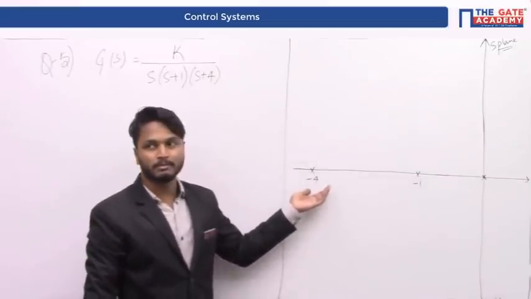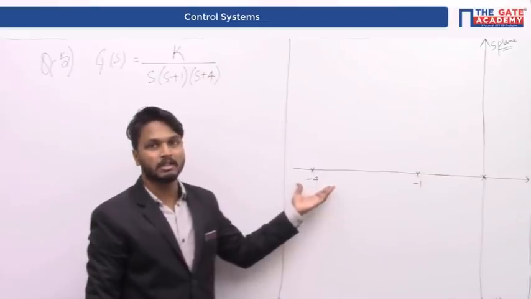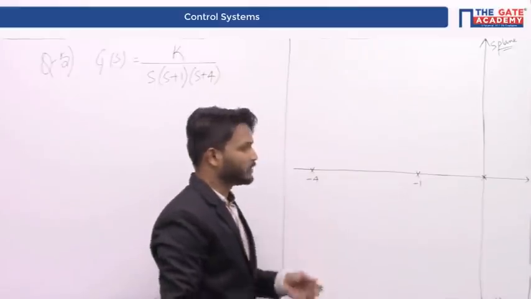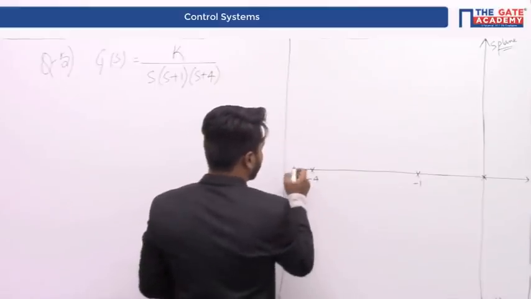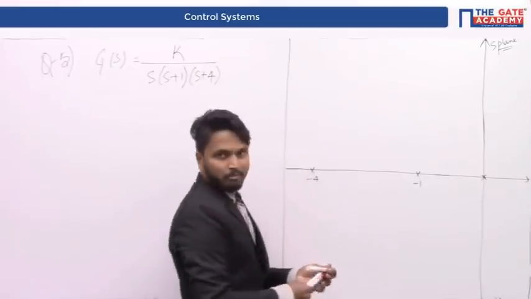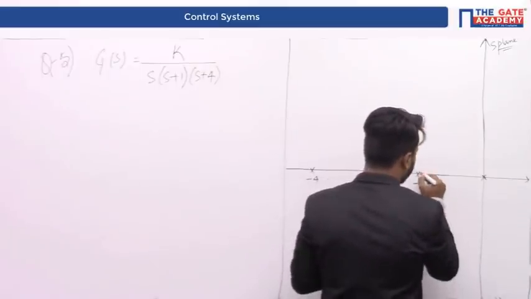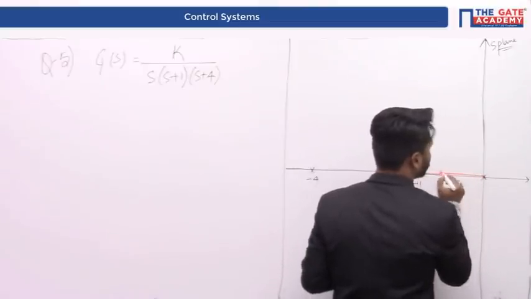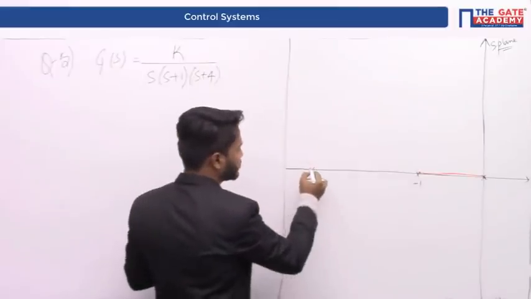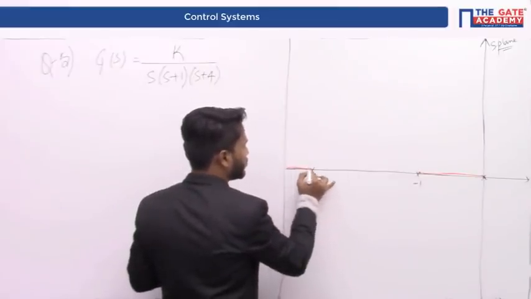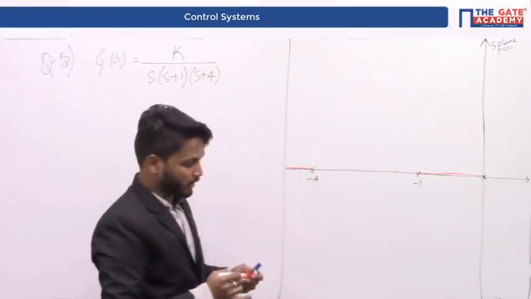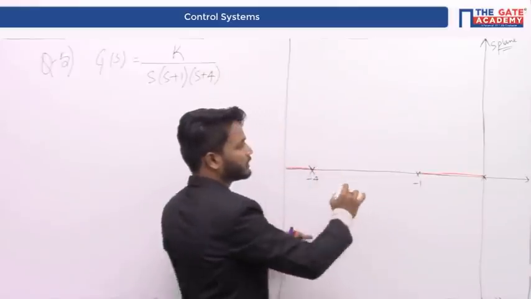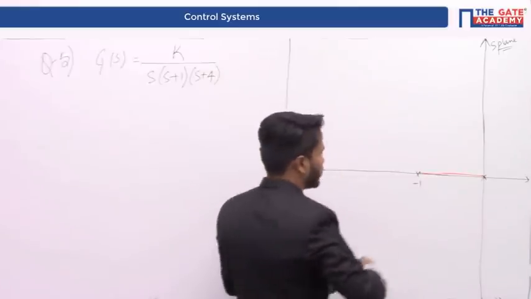And to the left of this, the third critical frequency, the root locus is going to exist again. Therefore, the root locus is going to exist on the real axis in this region and in this region as well. I'm not giving the direction now, I'll give the directions whenever necessary. I'm just indicating the region with this red.